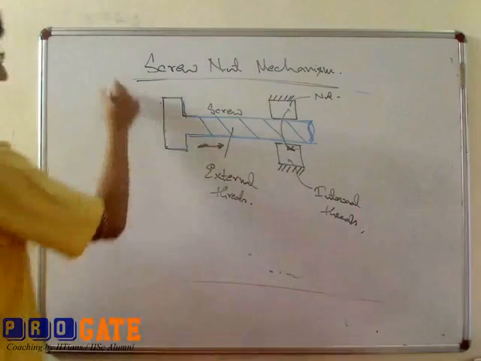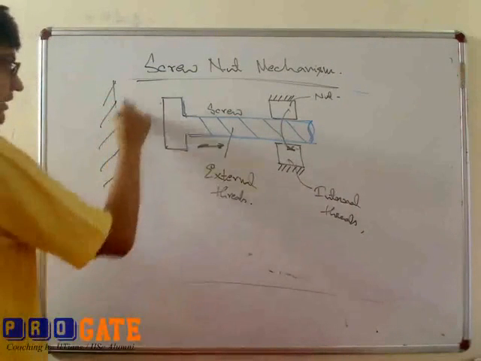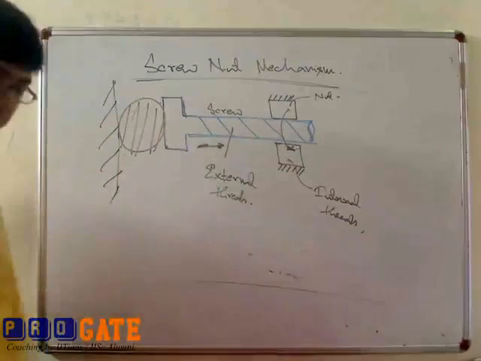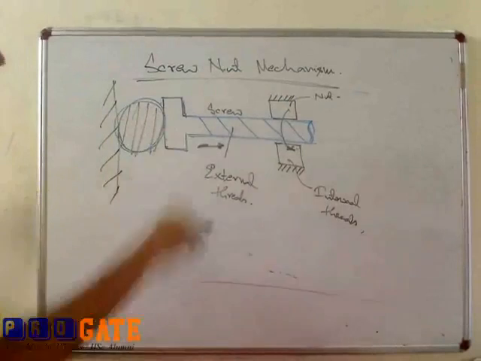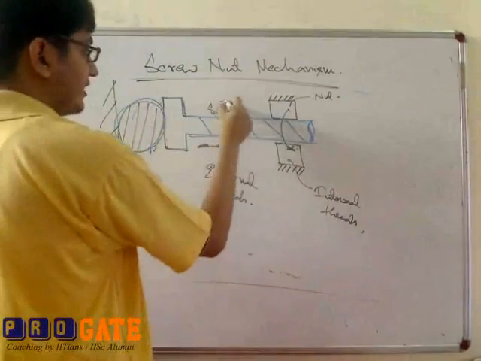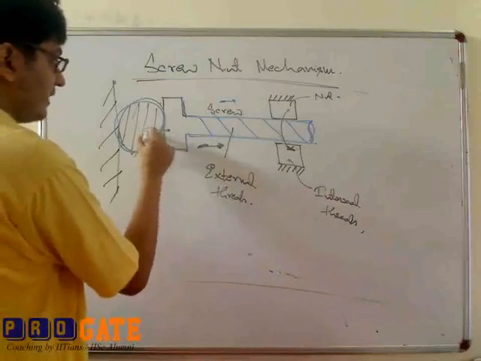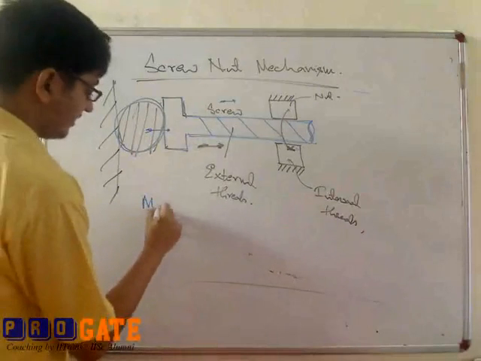Now, this is a fixed wall, you place a body here, and our objective is to compress this body. So due to this rotational motion of this nut, it is converted into translational motion of the screw, and this motion gives a force on this body. So now this becomes a machine.